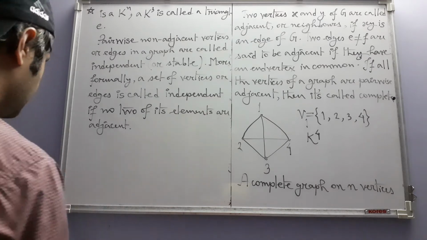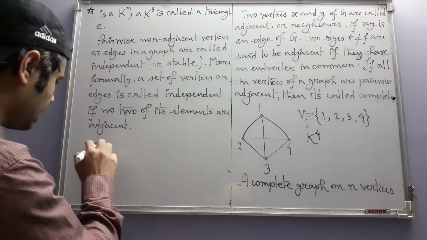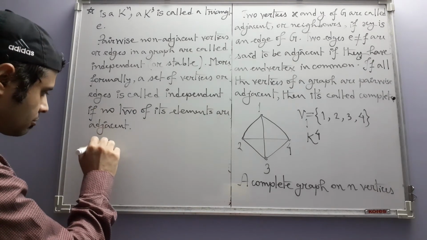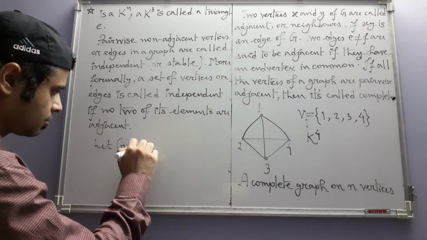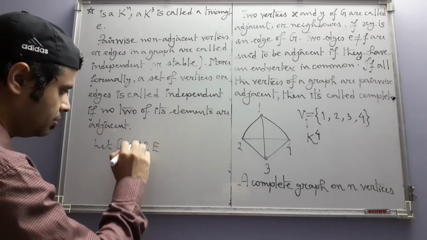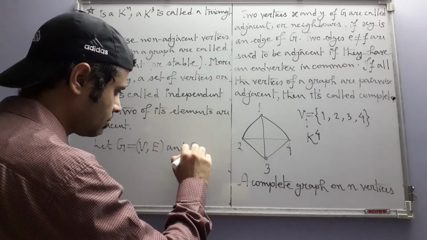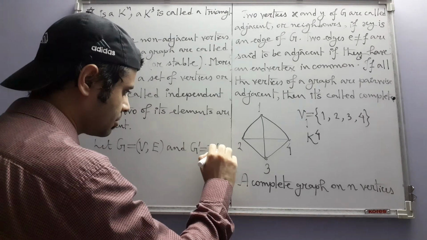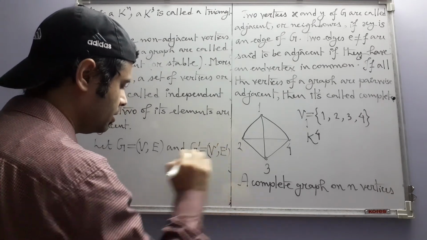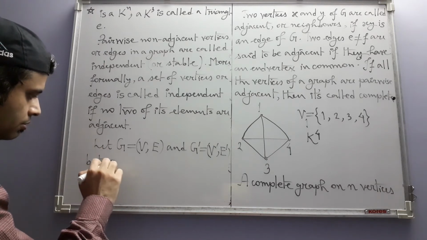Okay, next we come to a somewhat more advanced idea. Let G equal to V comma E and G prime equal to V prime comma E prime be 2 graphs.